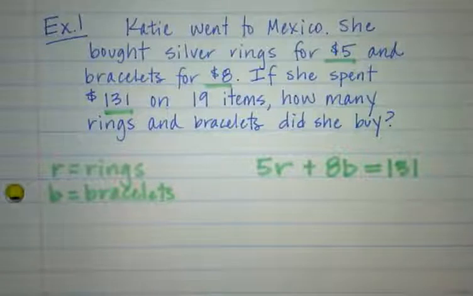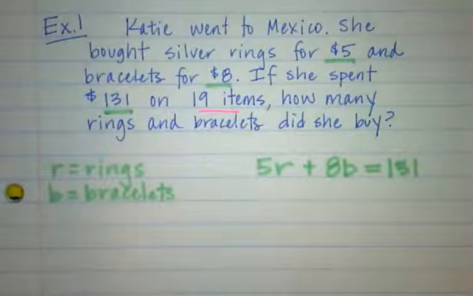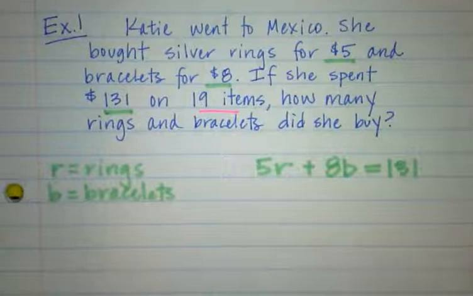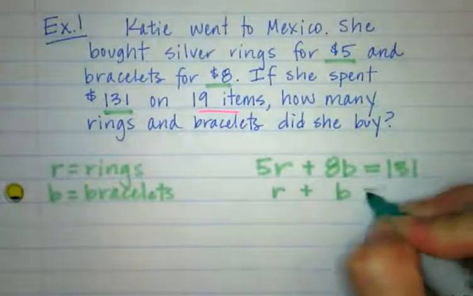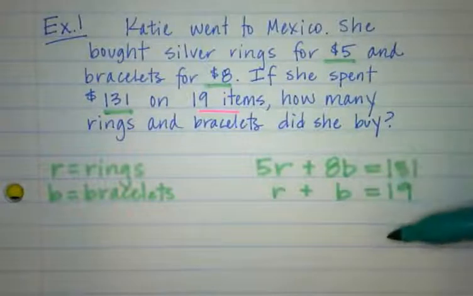For the second equation, the only other information that I know is that there were 19 items. So the number of rings plus the number of bracelets needs to equal 19. Okay, so now I've set up a system of equations.